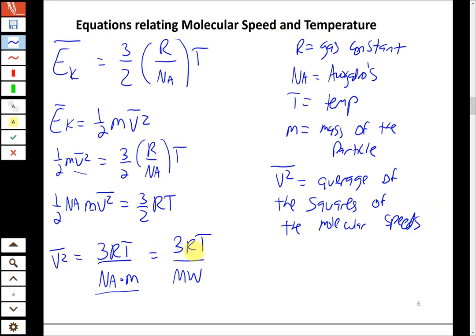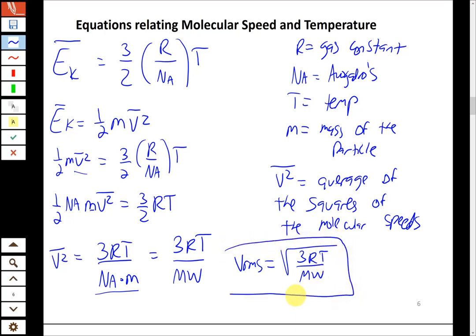And then if we take the square root of that, we call it VRMS, root mean square. So if we take the square root of both sides of this equation now, we get that the root mean square velocity, which for our purposes you can just think of as an average velocity, even though it's not rigorously equal to the average. If you have statistics, that'll make more sense to you.